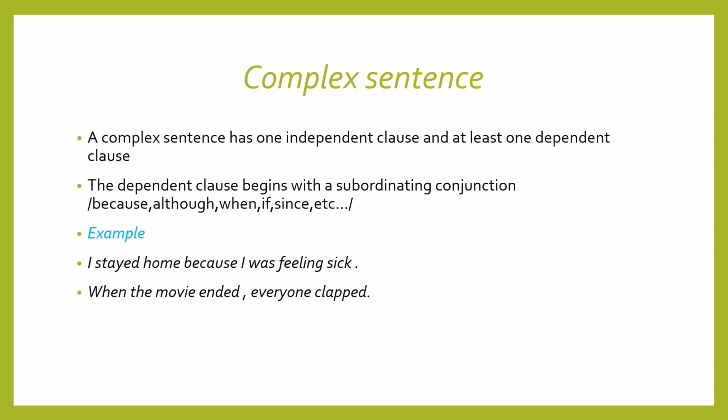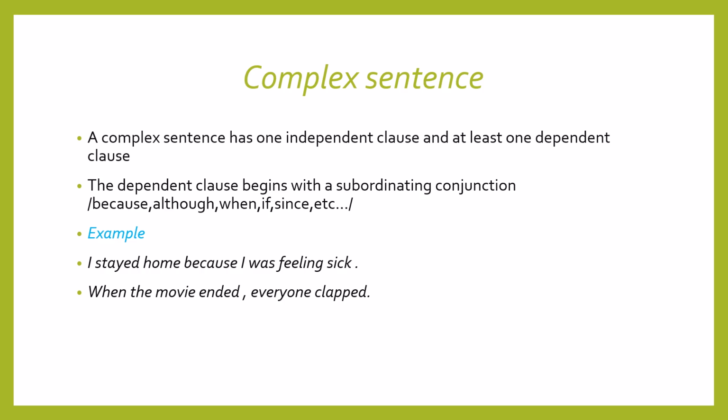We cannot start a dependent clause with a coordinating conjunction, not at all. The dependent clause always starts with a subordinating conjunction. We have many, but I'll give only some examples: because, although, when, if, since, etc.